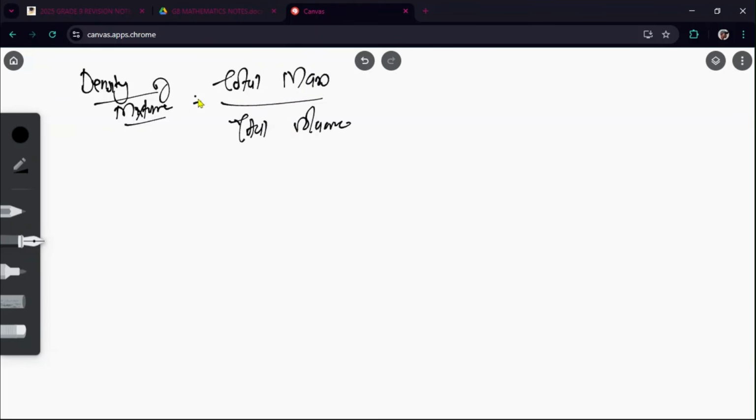So you have to get the mass of each item, you add them together, you divide by the volume of each item, you add them together. So if you're talking about substance A and substance B, I'll take the mass of A, I add the mass of B, I divide by the volume of A, I add the volume of B. So the answer is what I have there.